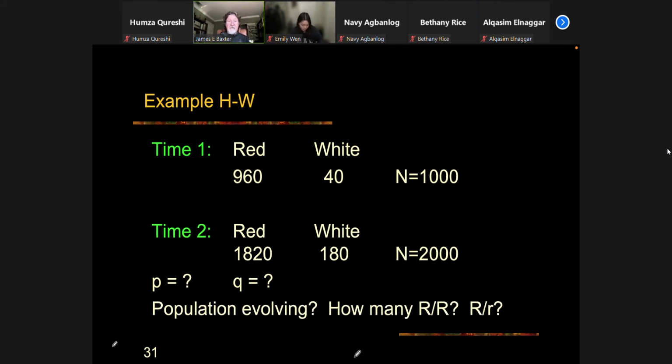And so in population 2, how many individuals can we expect to be big R, big R? How do we figure that? P squared times 2000. So we have 0.7 squared times 2000.